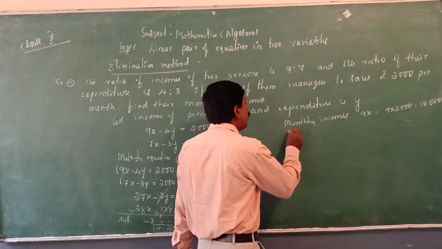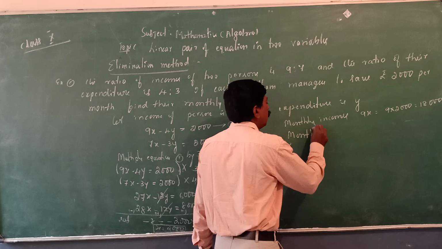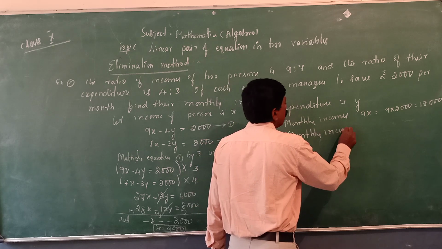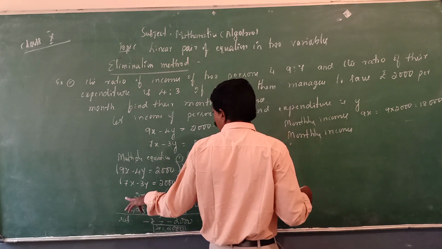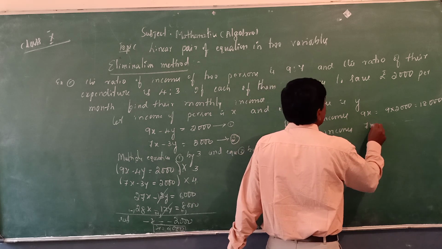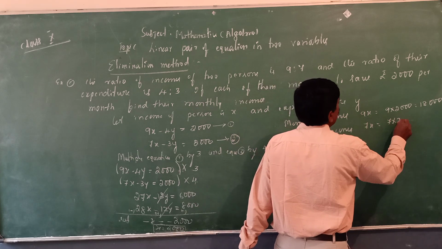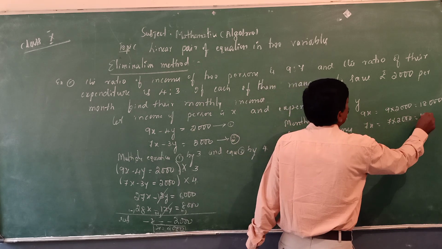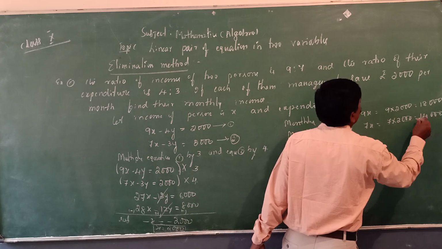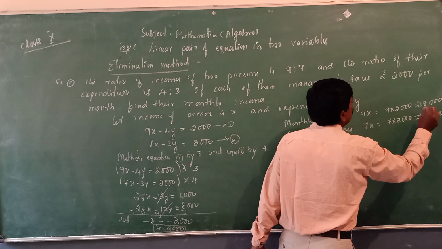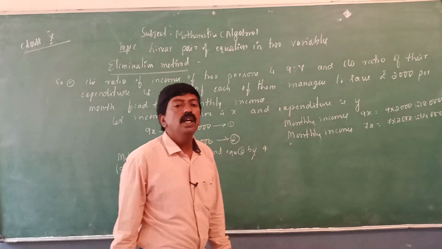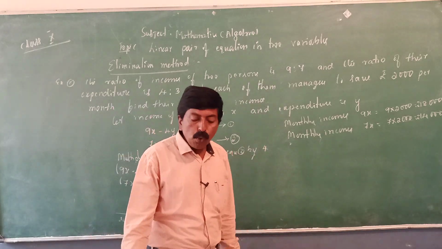The monthly income of the second person is 7x, which is 7 into 2000. 7 2s are 14, therefore rupees 14,000. These two are the monthly incomes of the two persons.